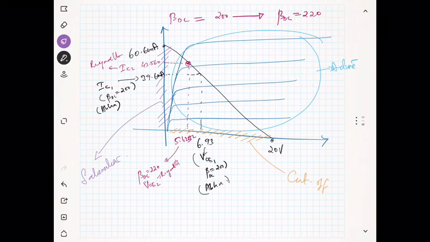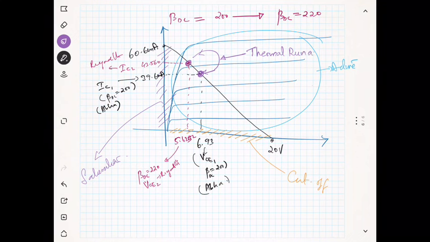So we have to maintain our operating region in active mode. Whenever the beta changes, you can see that the Q point has moved from this point to a new point. This phenomenon is known as thermal runaway.